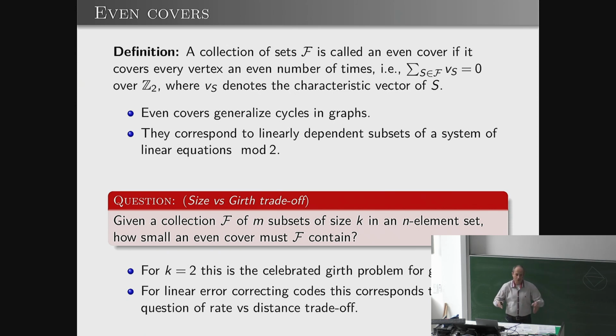And then I'm asking, if you take a linear subspace spanned by this set of vectors, what is the shortest linear dependence in this subspace? Or what is the shortest word in your code? The linear subspace in the language of coding theory is just a linear code. So what is the shortest vector in this code? It's called the rate versus distance trade-off. So you can phrase this question in this language.